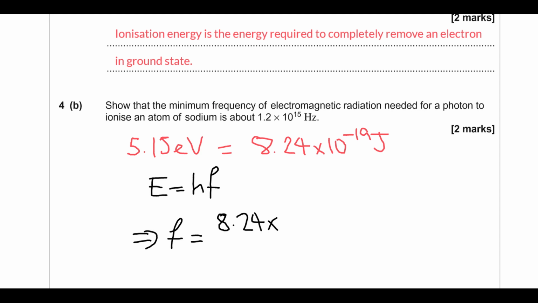8.24 times 10 to the minus 19 divided by Planck's constant, which you should have basically memorized by now, 6.63 times 10 to the minus 34.